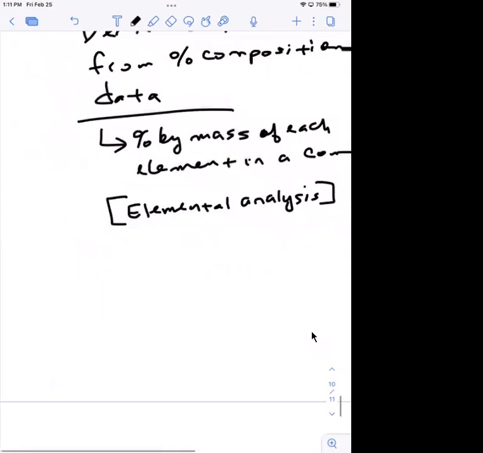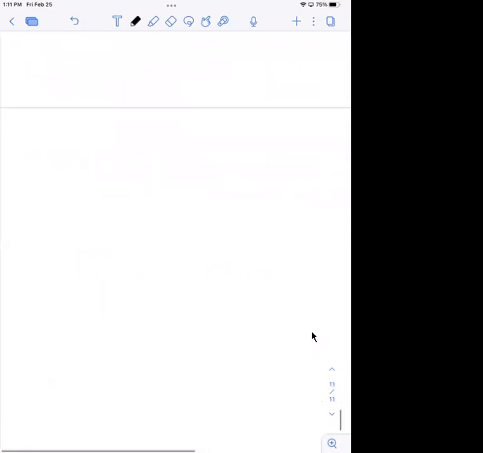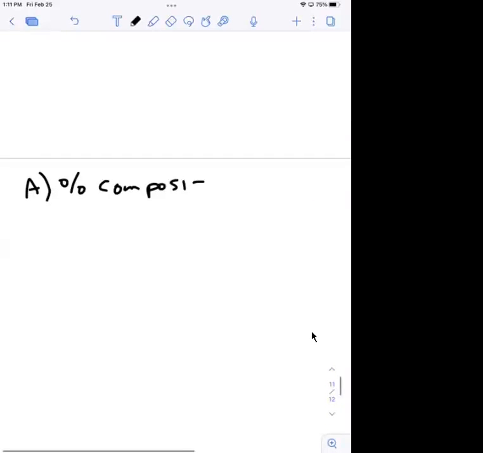So we're going to approach this a couple of ways. The first way, method A, is determining percent composition by mass in the sample.